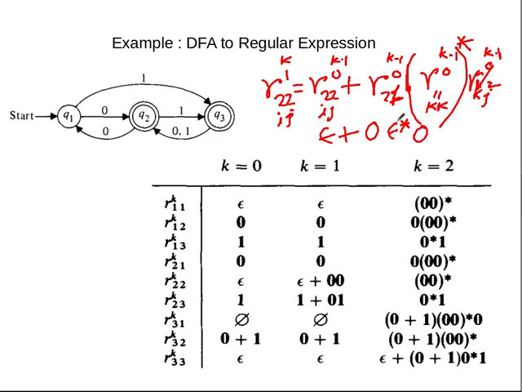But you see, epsilon star is epsilon, and 0 epsilon 0 is 0 0, right? So you have epsilon plus 0 0, which is this thing.